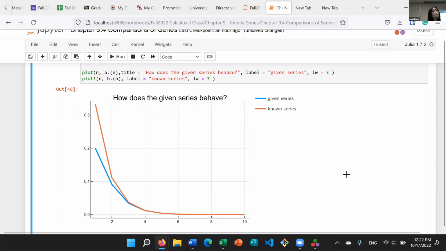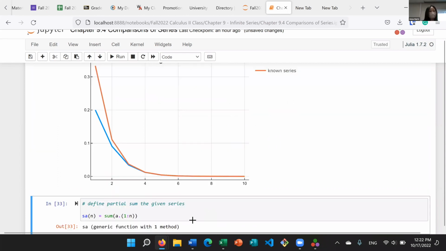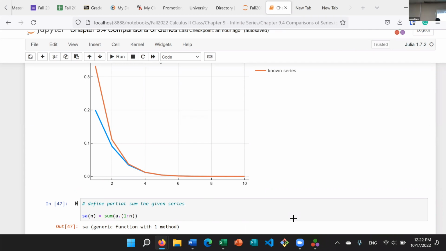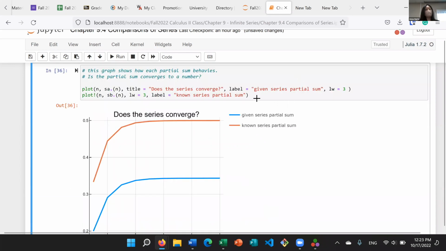This one gives you what the sequence looks like. Now let's do the partial sum. I use S to stand for the partial sum. The partial sum of any sequence is the sum of a sub 1 to n. Now look at this. This is a partial sum.